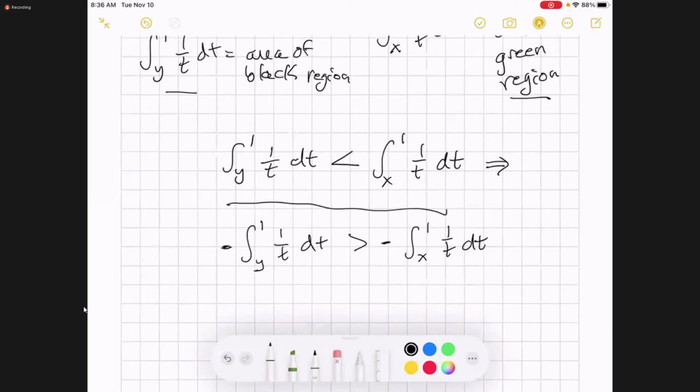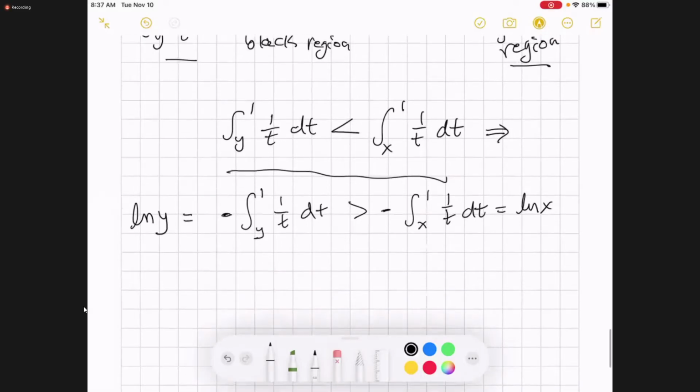And now this number is ln of y. Maybe just put that on another line there. This number is ln of y, and this number is ln of x. Because ln of y is by definition the integral from 1 to y of 1 over t dt.